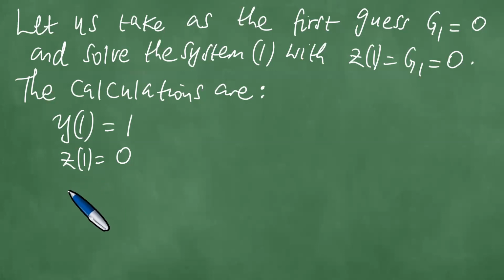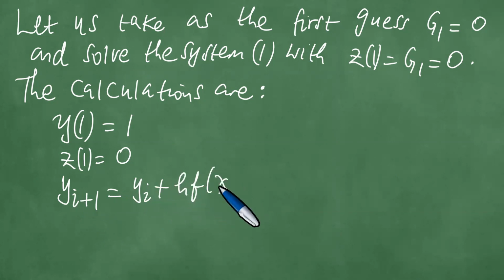So now we will use the Euler. What is the Euler? We did that many times. Predictor: y i plus 1 equals y i plus h f of x i, y i. This is the predictor, the Euler, not the modified Euler, which has a corrector and a couple of corrections.